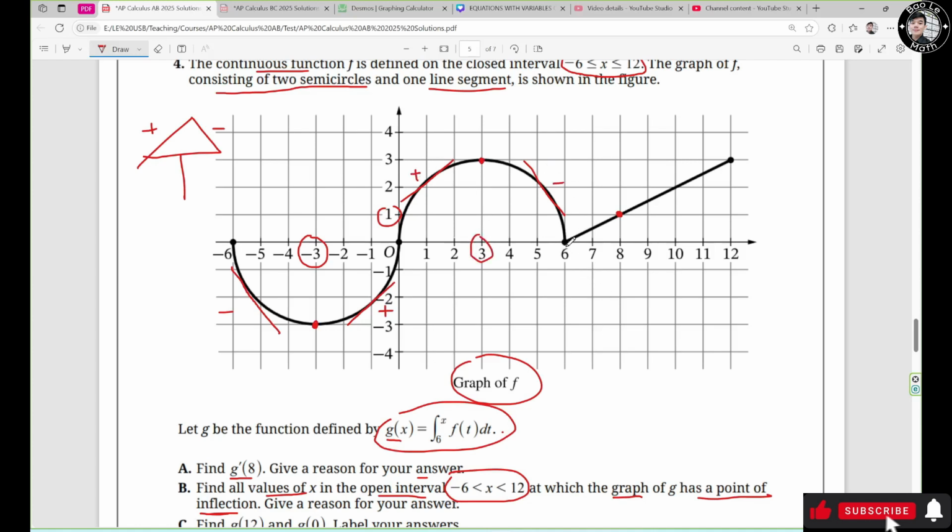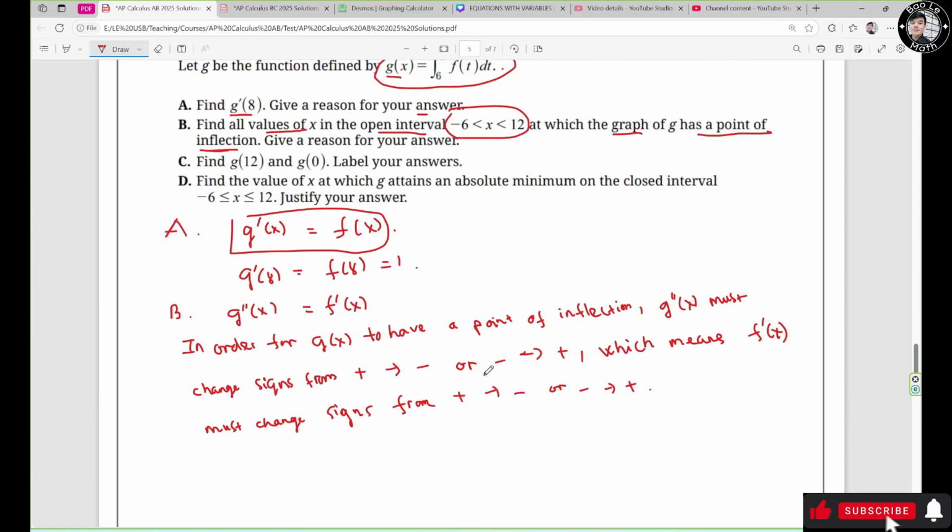And the last one is going to be 6 right here, because this one is negative and the slope of this line right here is going to be positive. So you have three values, -3, 3, and 6. So you have s equals -3, 3, and 6.